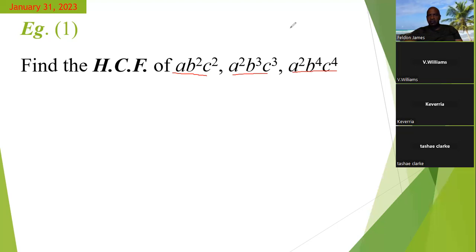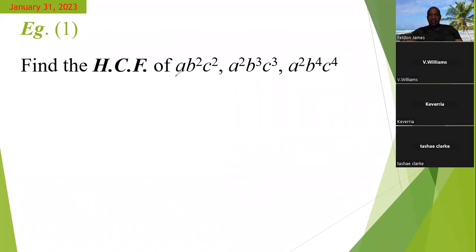Now, in order to choose for our HCF, for each of the common letters, we're going to choose the lowest power of each of those. So for A, the lowest power of A for all three would be what? A alone, sir.